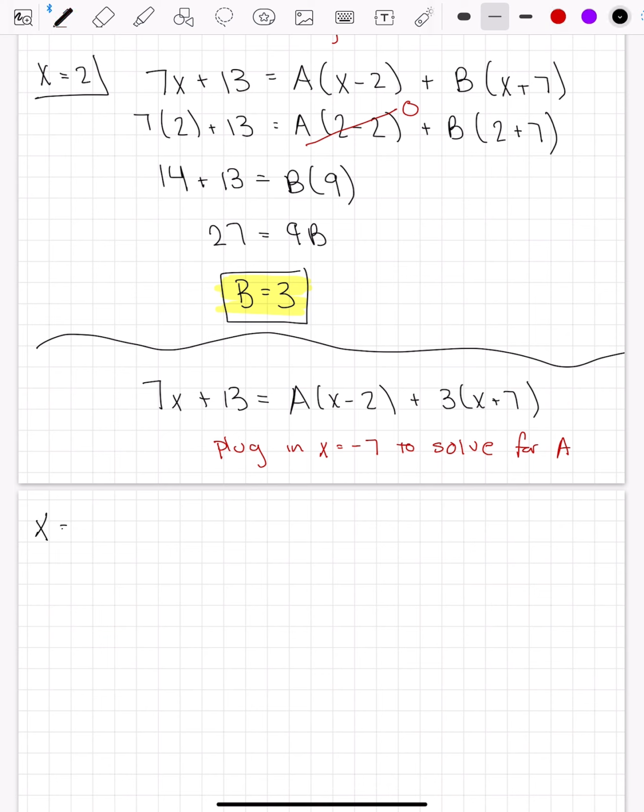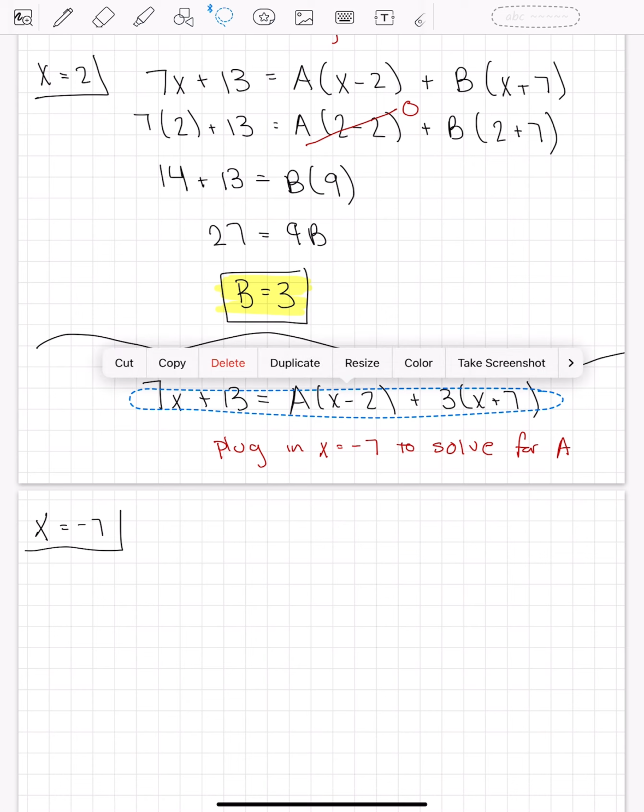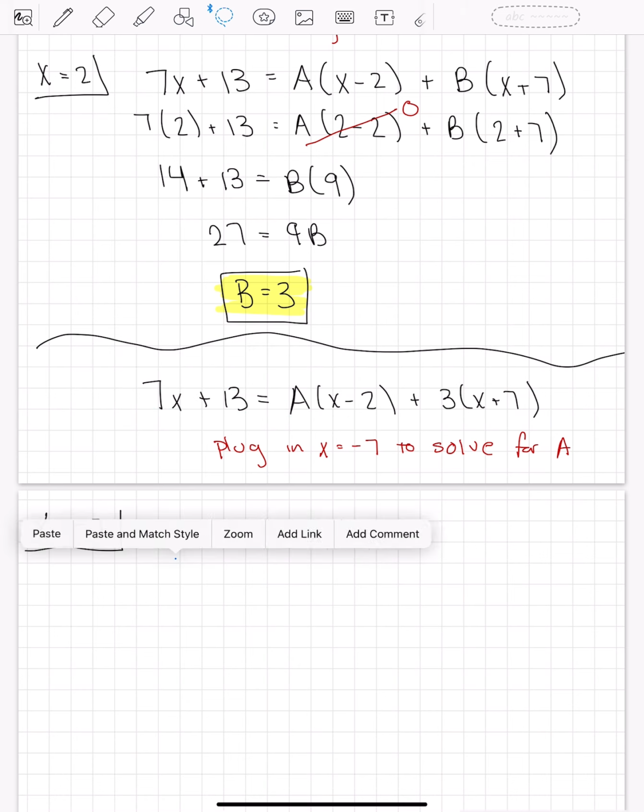So x is -7. I'm going to take this equation and plug in -7.